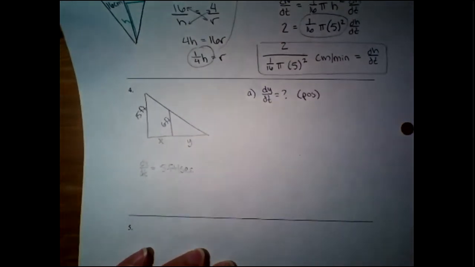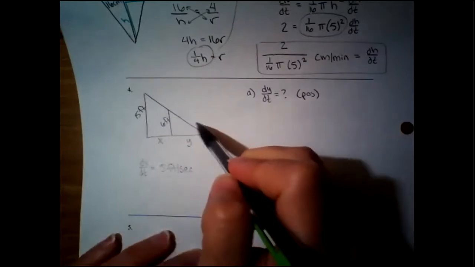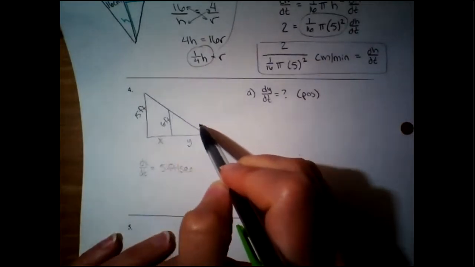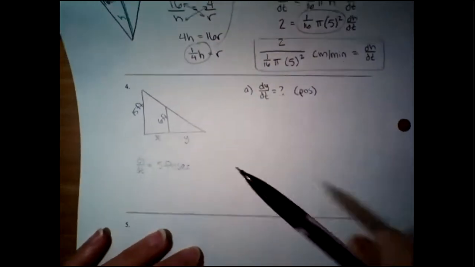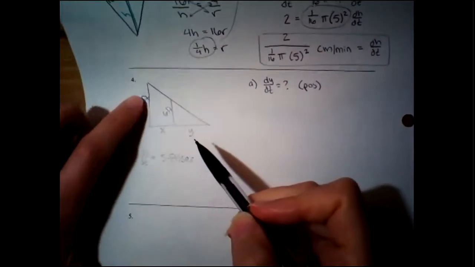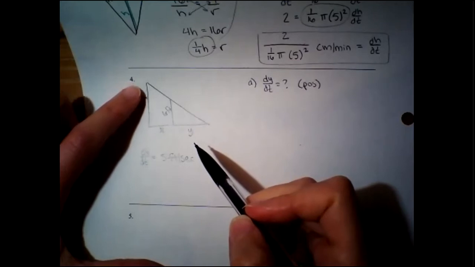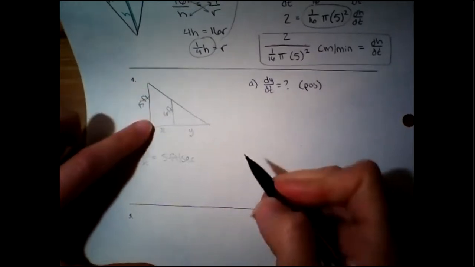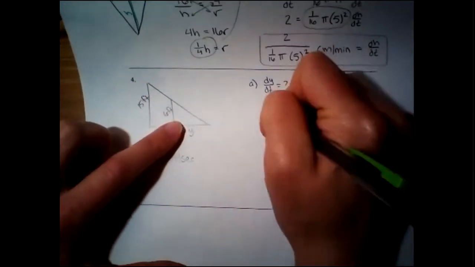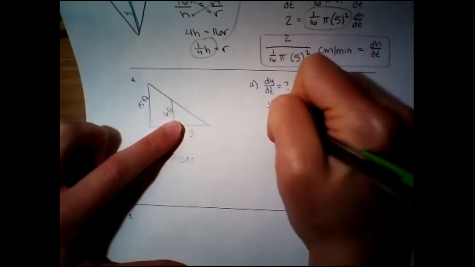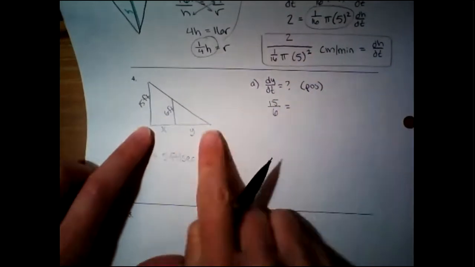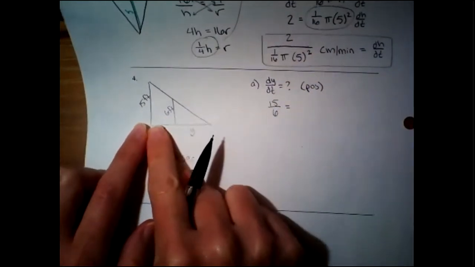Now, you can't do Pythagorean theorem for this because you don't have the hypotenuse of the triangle. So we're going to have to do a similar thing to what we did up here with the ratios in the triangle. So let's do the big triangle first. 15 matches up with 6. We're going to have 15 over 6 equals, and then down here, the whole triangle is this whole distance.